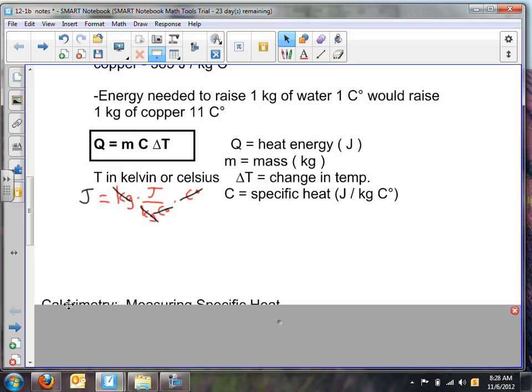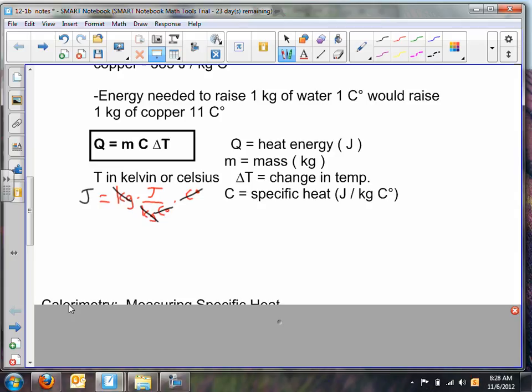If you'd open your book to page 280, we'll do one example problem with that. Just look at question number 5 on page 280. The question says, how much heat is absorbed by 60 grams of copper when it goes from 20 to 80 degrees Celsius?